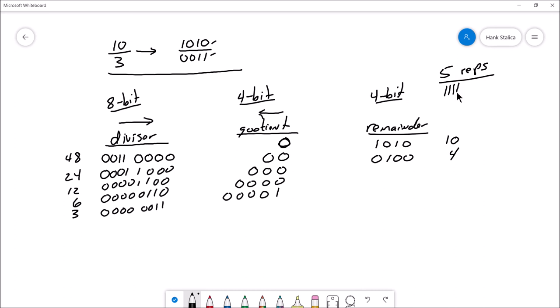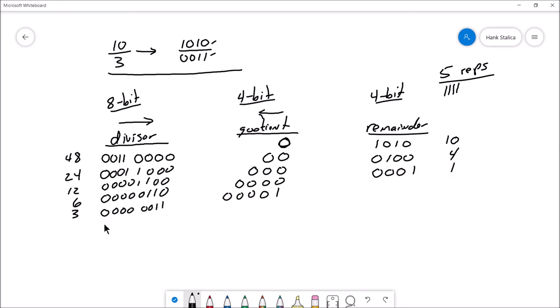Okay, so the next repetition begins, and we subtract the divisor from the remainder. So 4 minus 3 is 1. That's greater than or equal to 0. So the remainder register is going to get updated to the difference, which is 1. Then the shifting happens.